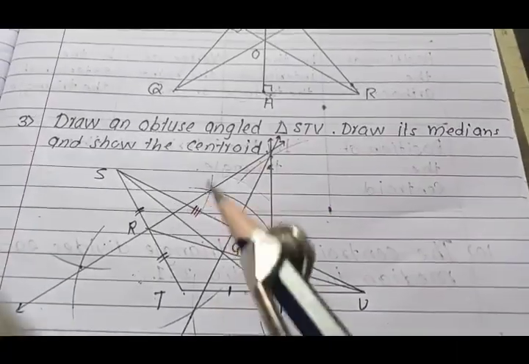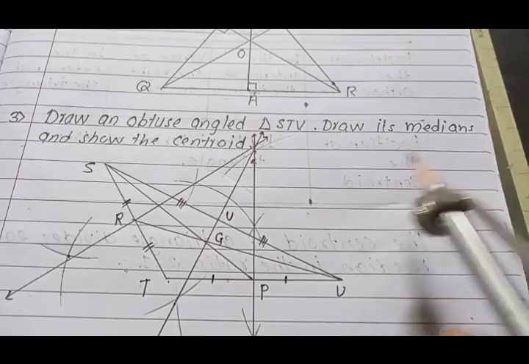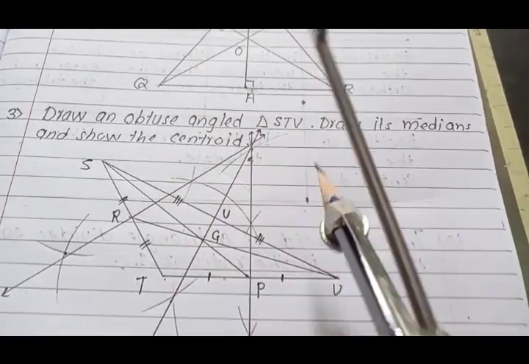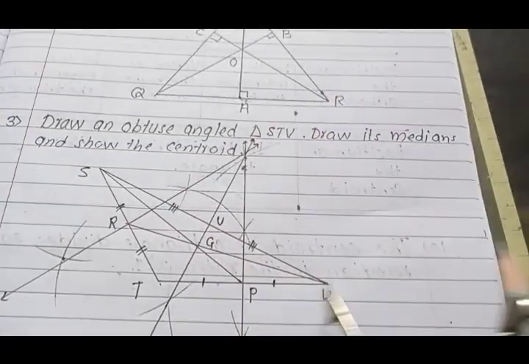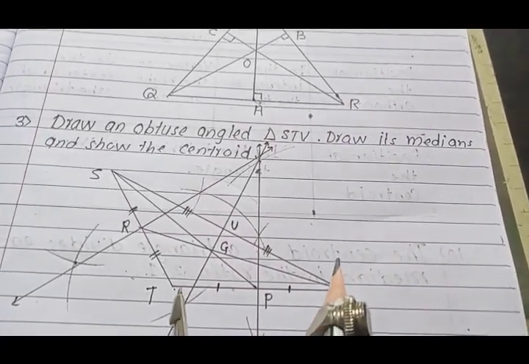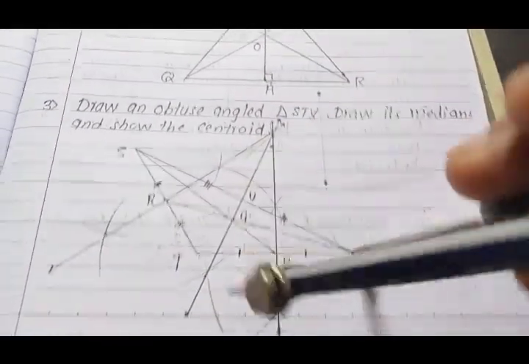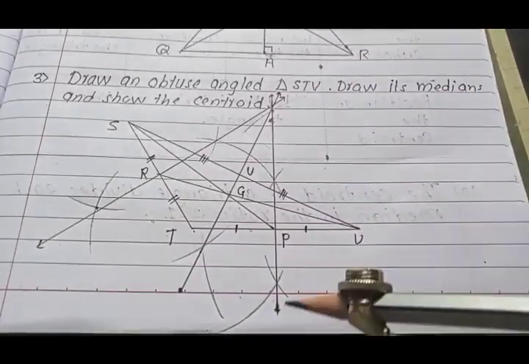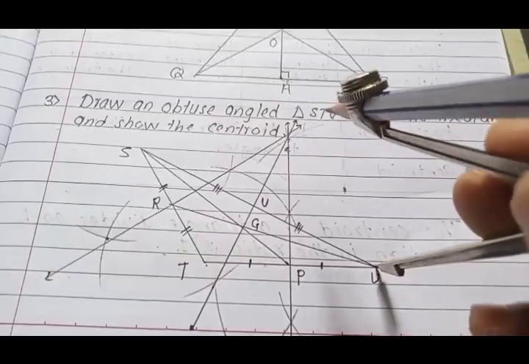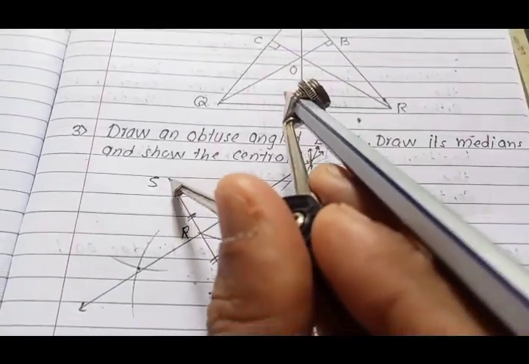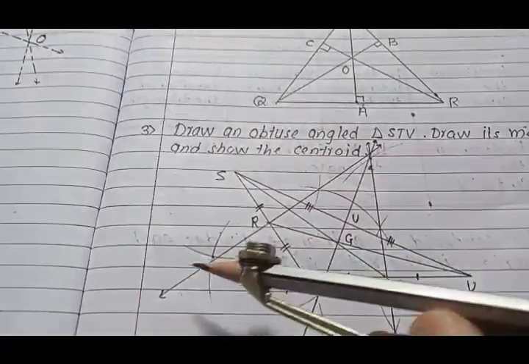Number 3. Draw an obtuse angle triangle STU. Draw its medians and show the centroid. First, draw the obtuse angle triangle STU. Then from T draw an arc, and from U an arc, on both sides. Then join them to get the midpoint P. Then same from U and from S, draw arcs on both sides and join them.